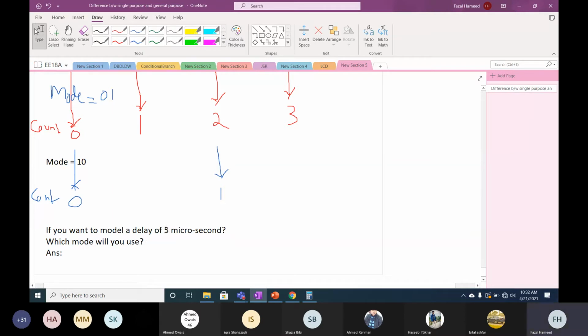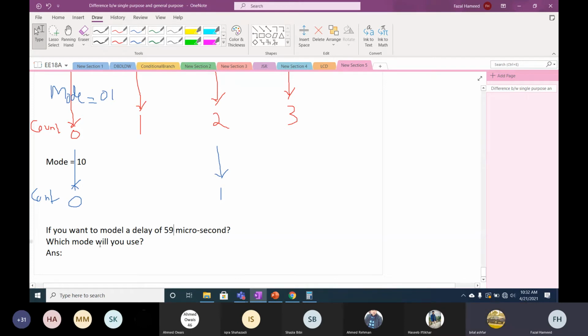If you want to model a delay of 59 microseconds, which mode will you use?